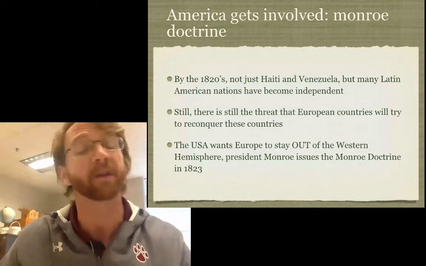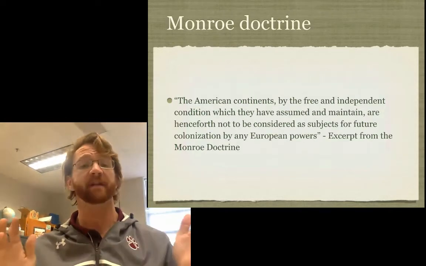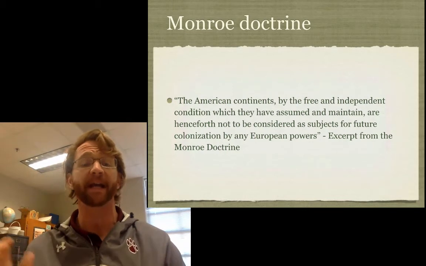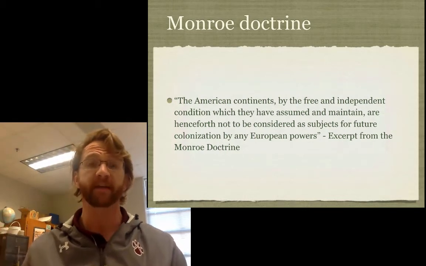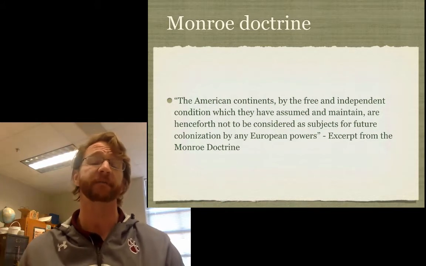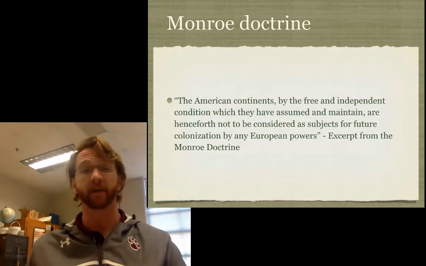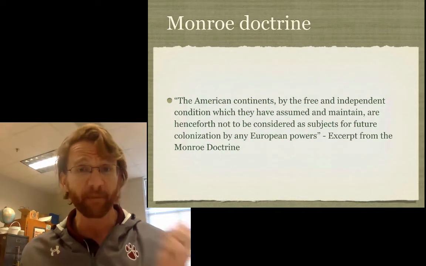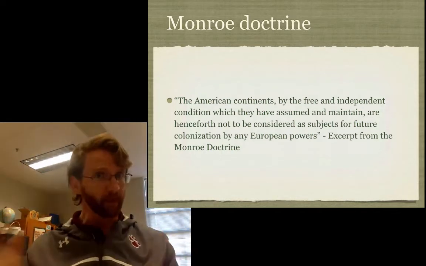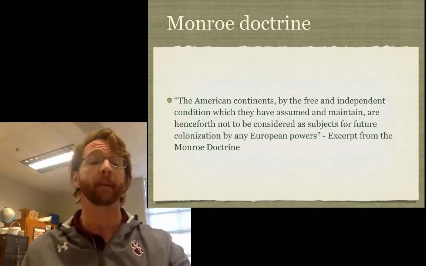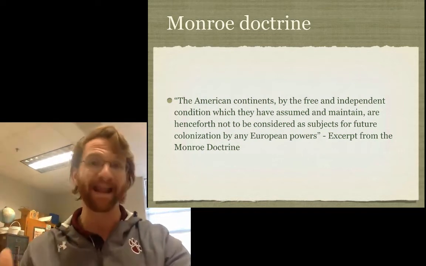Let's talk about what the Monroe Doctrine says. It says the American continents, by the free and independent condition which they have assumed and maintained, are henceforth not to be considered as subject for future colonization by European powers. So in this speech from 1823, in front of Congress, James Monroe says, look, Europe, stay out.